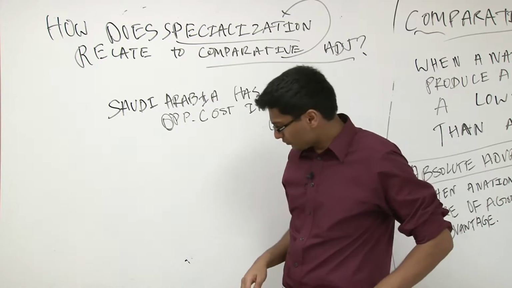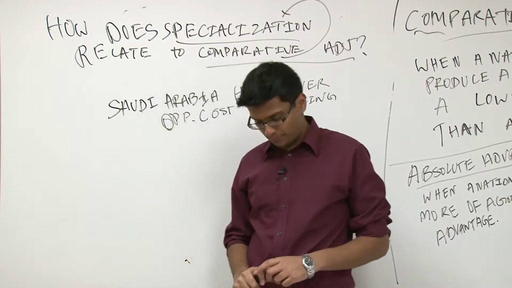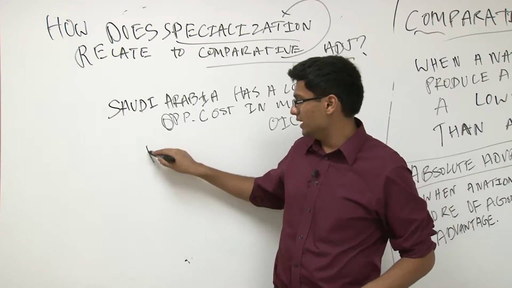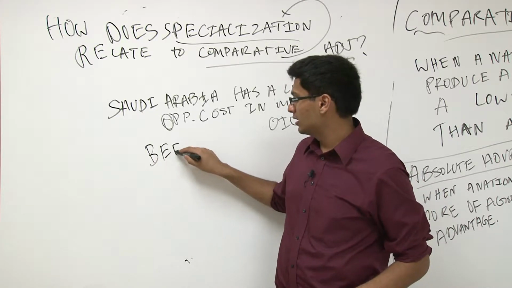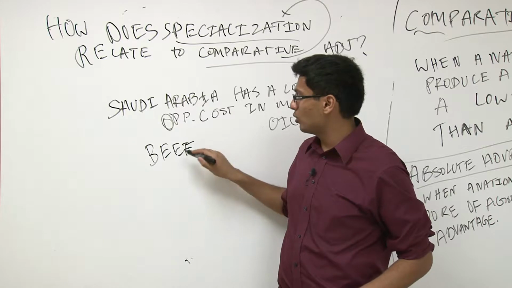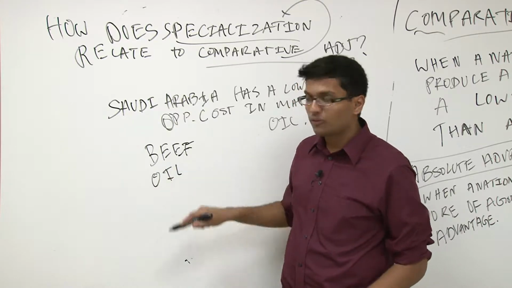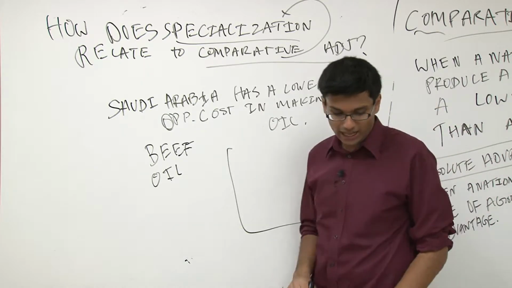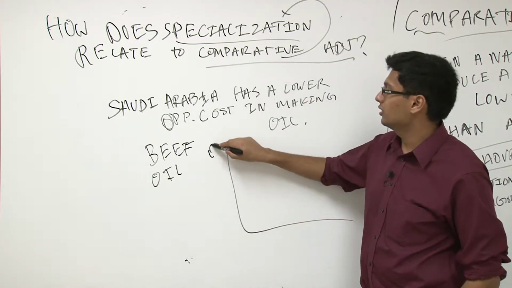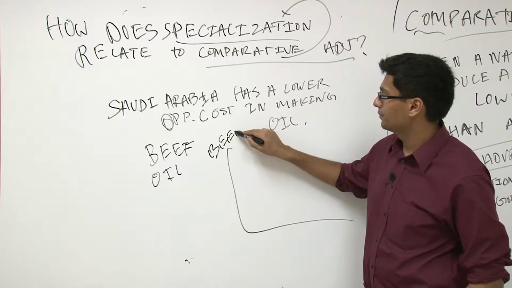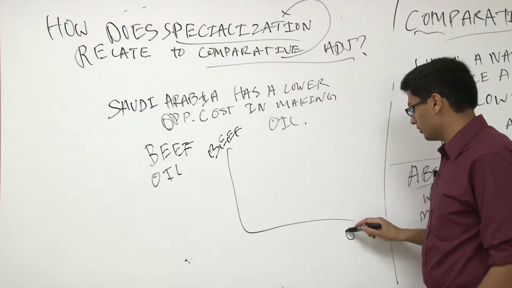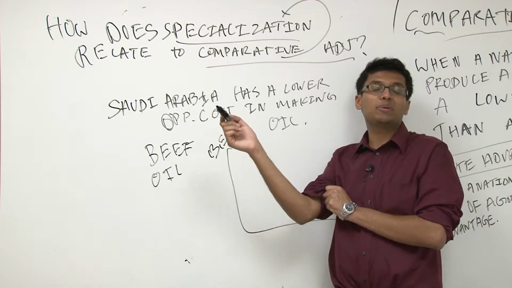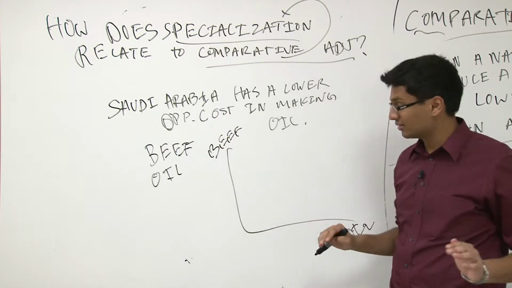So if there are two products in our economy, we're going to talk about beef, that's product one, and then oil, which is product two. So if we had a graph, with beef on one axis and oil on the other, and we graph Saudi Arabia's PPF, in this case with just two products.